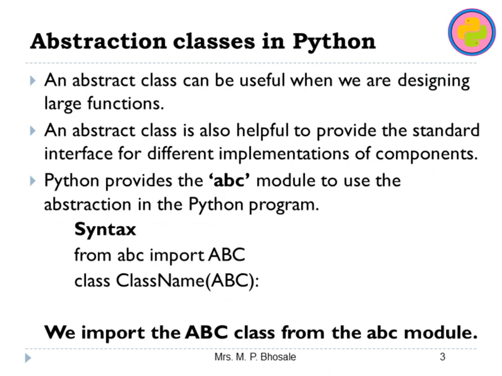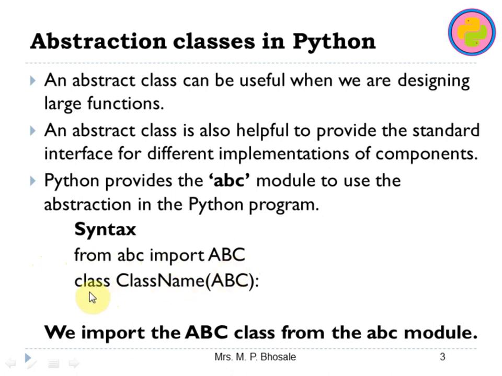The name is ABC, so this is the name of the module. We have to import the capital ABC class, which is the abstract class, from this ABC module, and for that we can write the from keyword, the name of the ABC module, the import keyword, and then the ABC class.